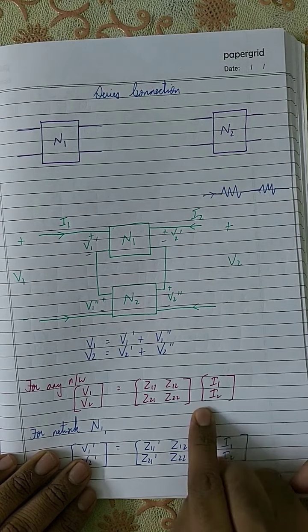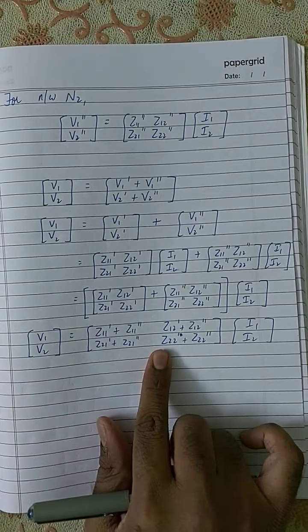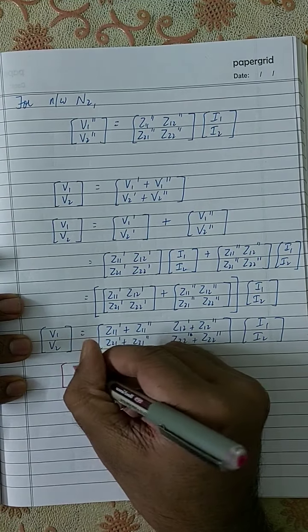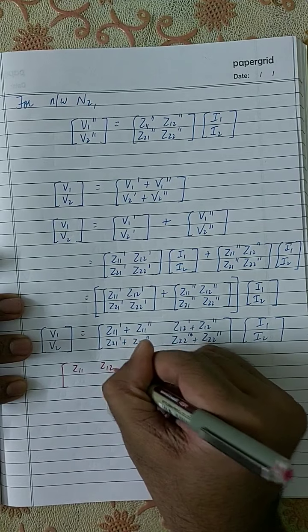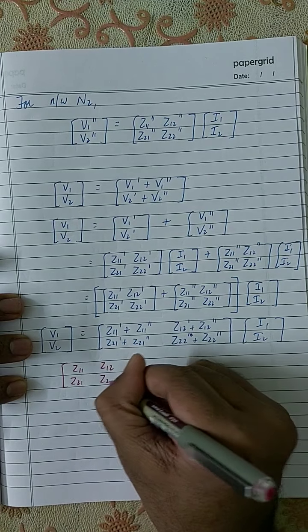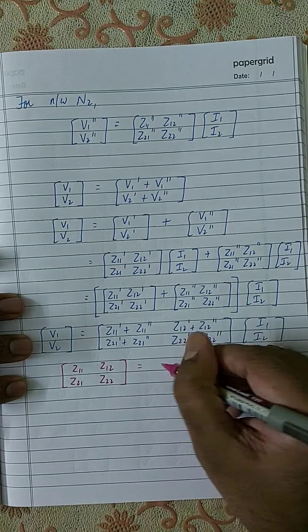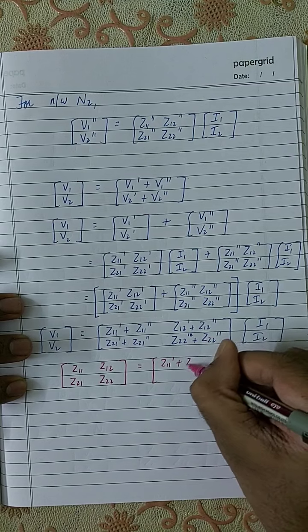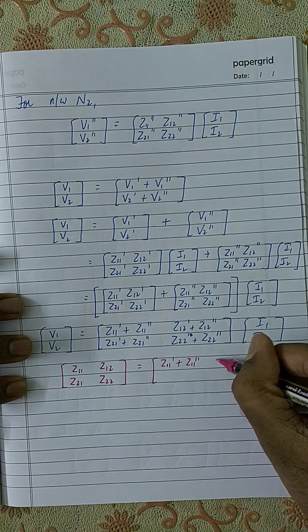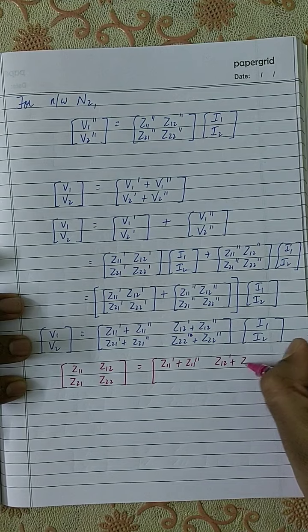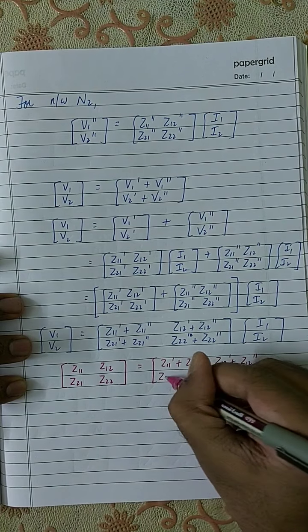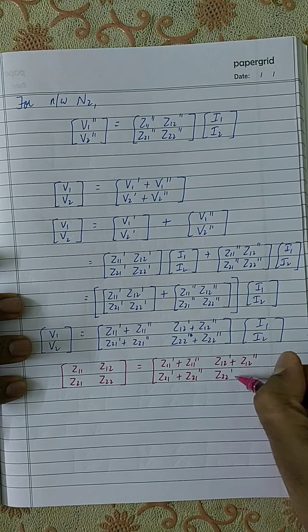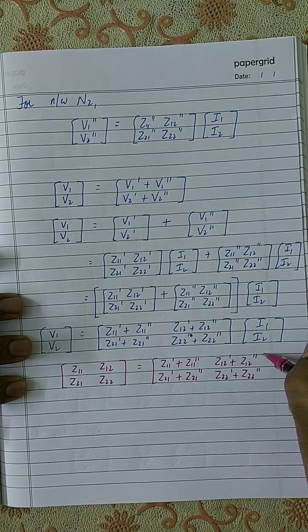See, so which means if I compare this equation with this equation, I can say that Z11 Z12 Z21 Z22 is equal to this, that is Z11 dash plus Z11 double dash, Z12 dash plus Z12 double dash, Z21 dash plus Z21 double dash, and Z22 dash plus Z22 double dash.